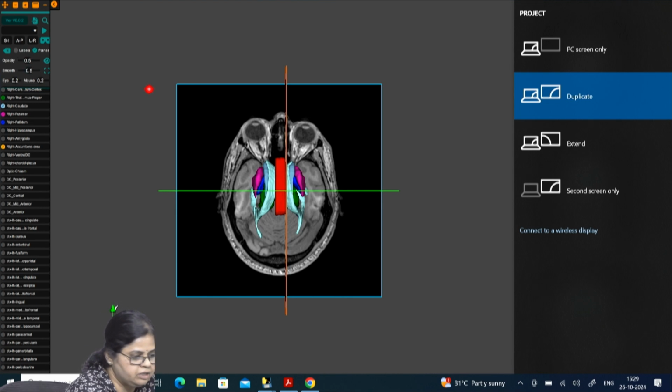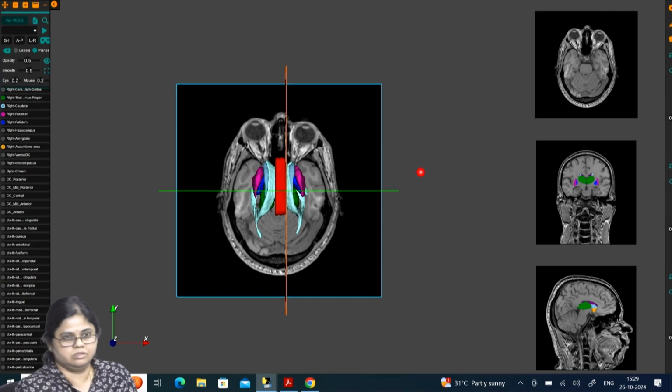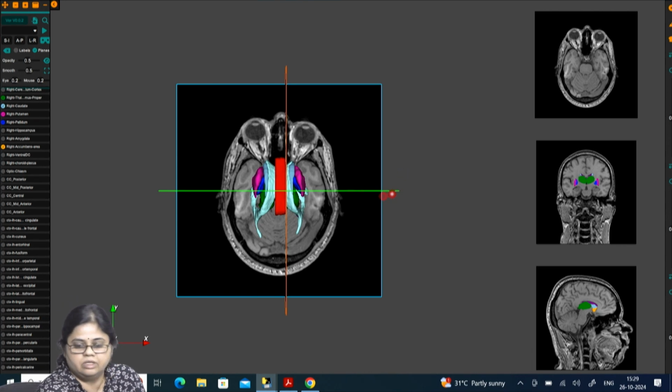Let us look at the section. So let's use this Anavu software to understand how the ventricular system is oriented within the cranial cavity.